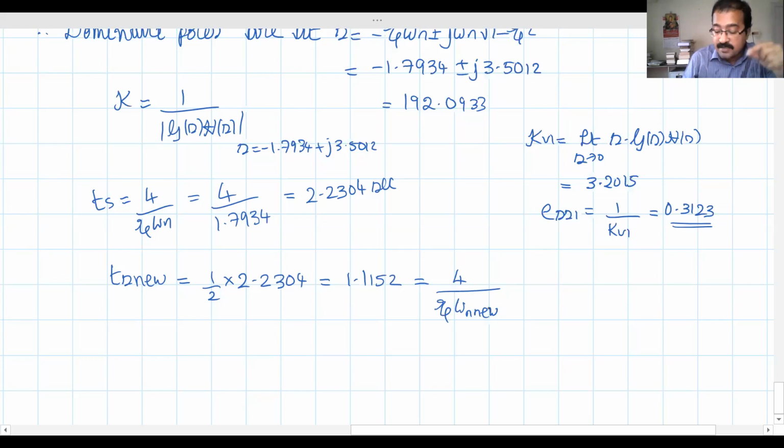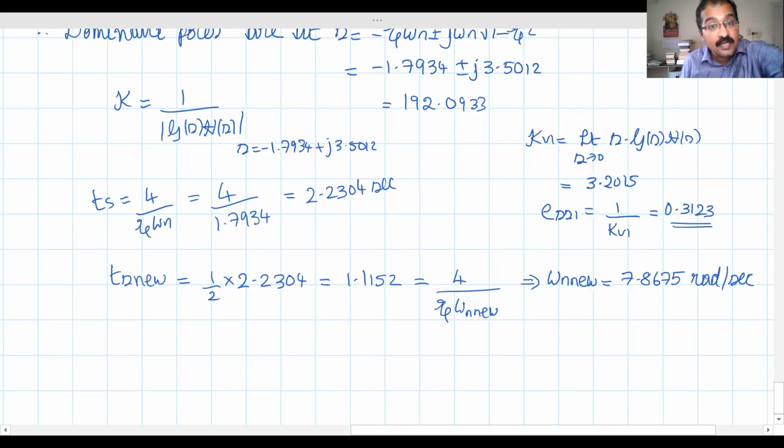The only changing parameter is the omega n value. Zeta is constant, and we know it is 0.4556. If you substitute that value, you will get omega nu as 7.8675 radians per second.